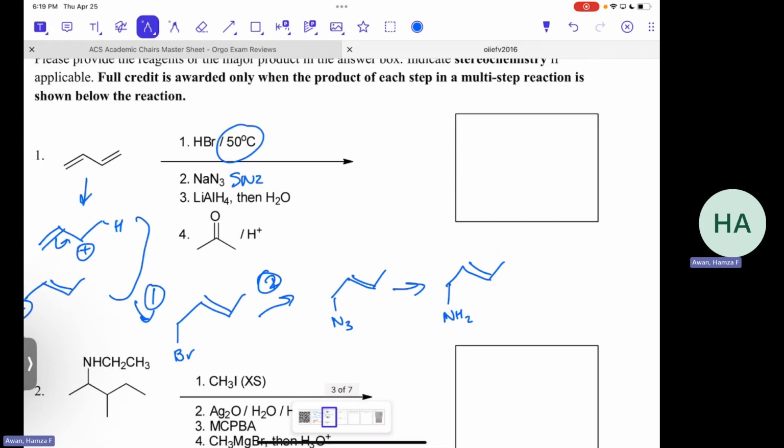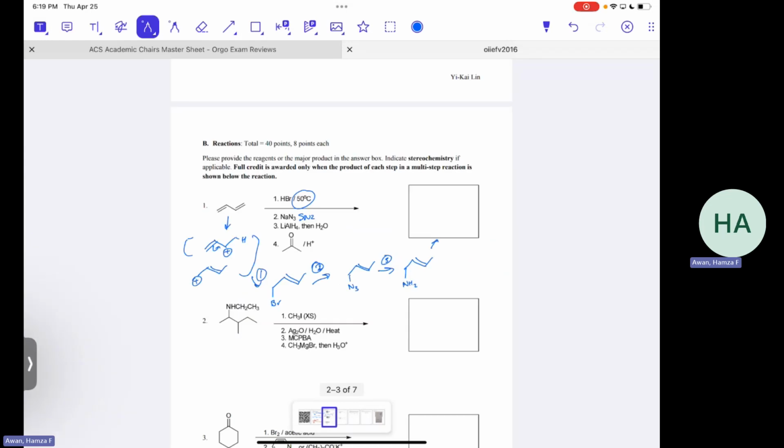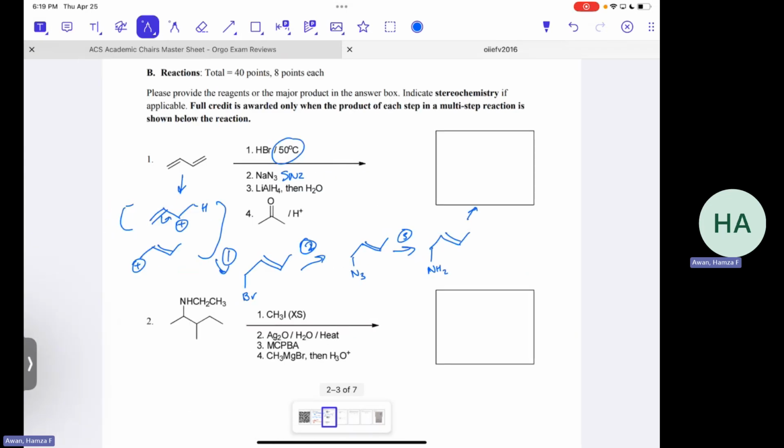And for step 4, it's asking us to react it with a ketone under acidic conditions. So whenever we have a ketone reacting with an amine, we have to remember that whenever it reacts with the primary amine, it's going to form an imine, and then whenever it reacts with the secondary amine, it's going to form an enamine.